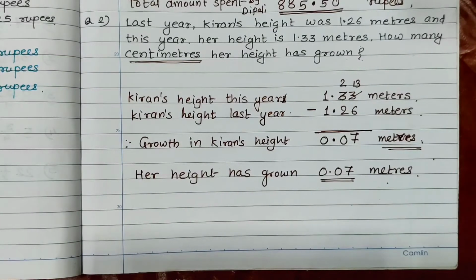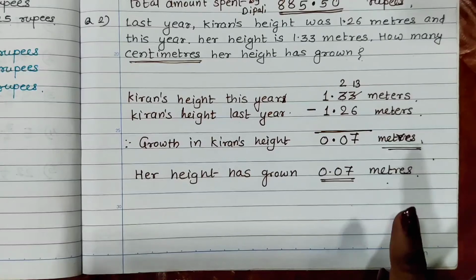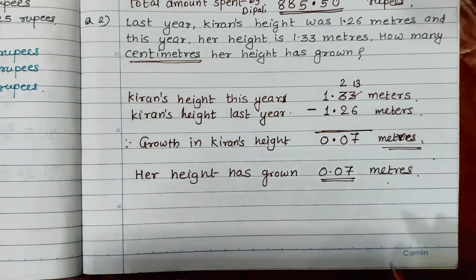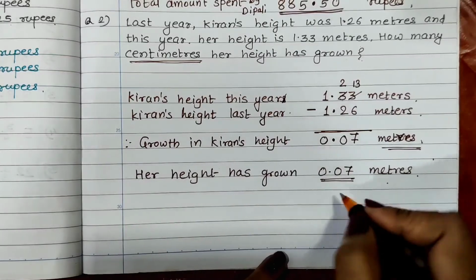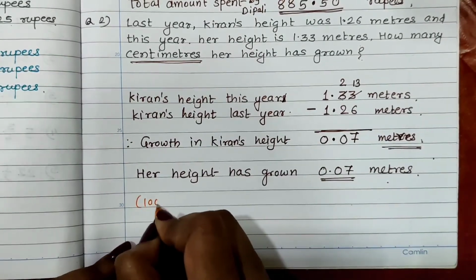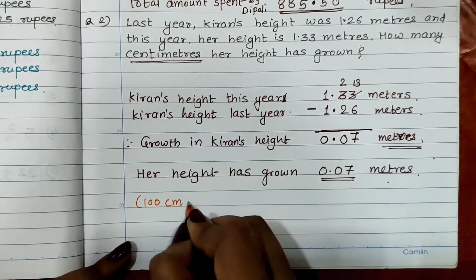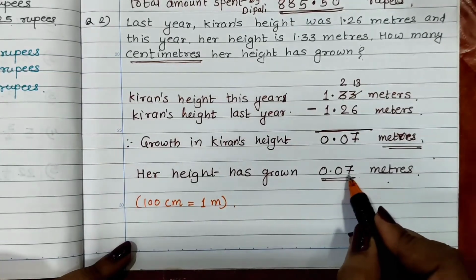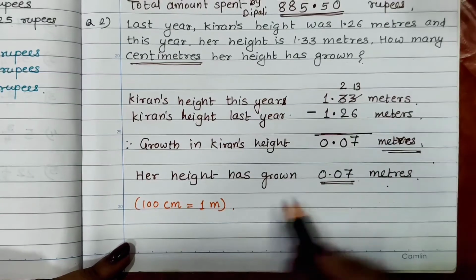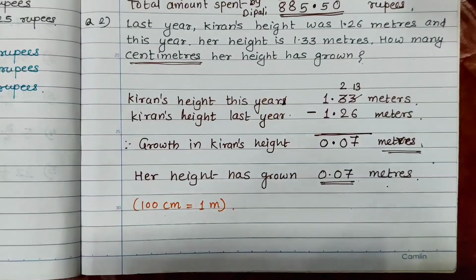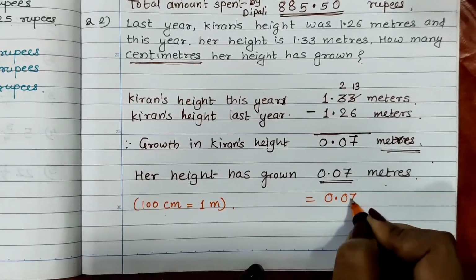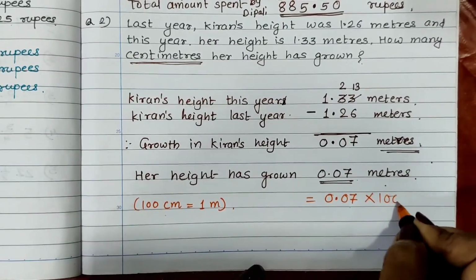How many centimeters is equal to 1 meter? We all know it is 100 centimeters is equal to 1 meter. So as we want to convert this 0.07 meters into centimeters, what we have to do? We will have to multiply this 0.07 by 100.